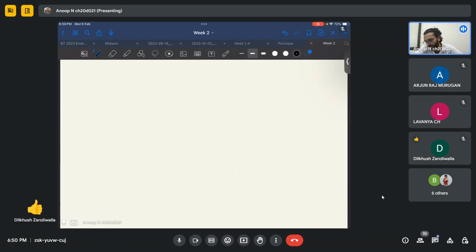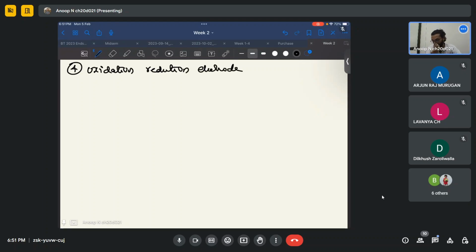Then the fourth type is the oxidation-reduction electrode. In the first case, we have seen a metal and metal ion in contact. In this case, we don't have a pure metal.